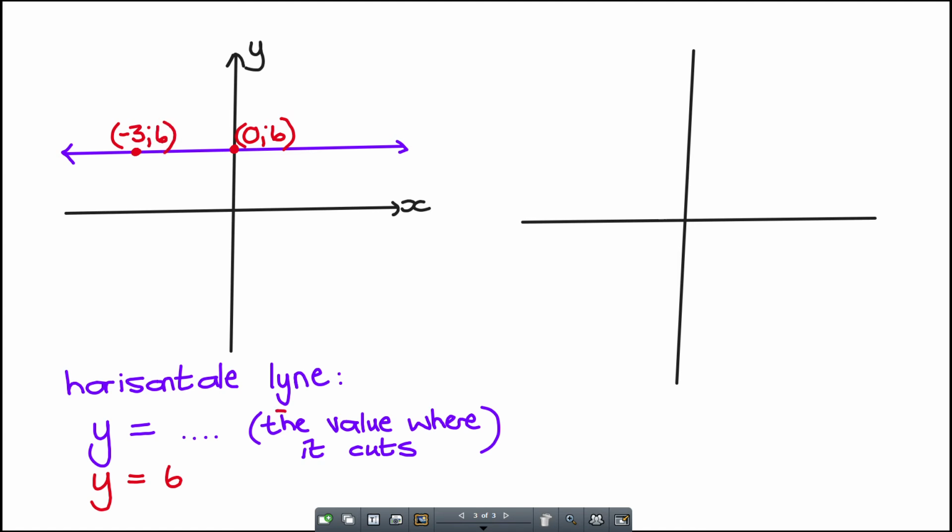Nee, because it's a horizontal line, the y value for that whole line will be 6. Doesn't matter where I am. The x values will change. So kom ons vat gou hierso enetjie. Sê daar x is 4, maar my y-waarde gaan nog steeds wees 6. Is julle reg? Okay.